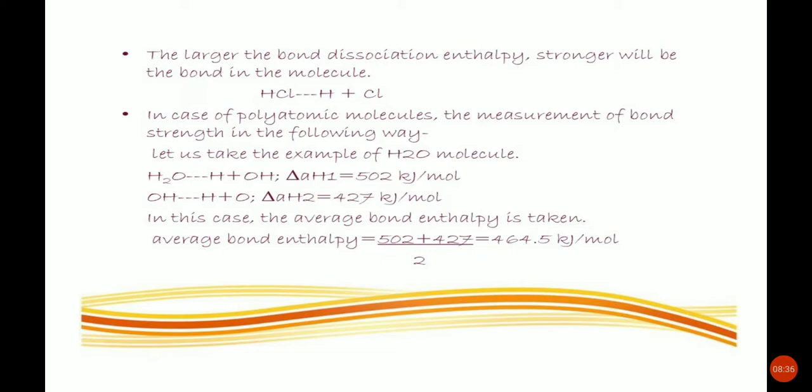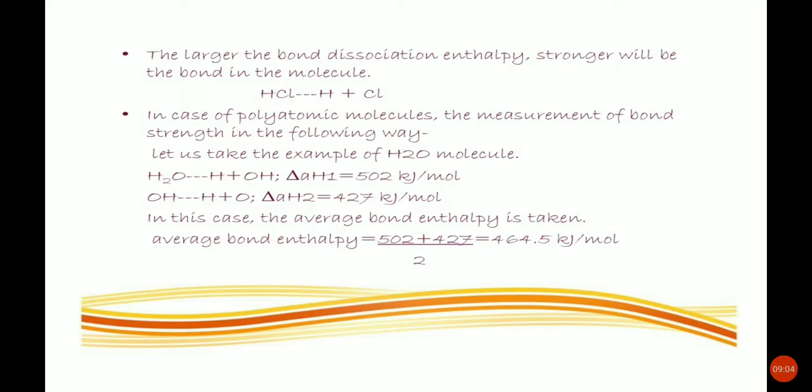Average bond enthalpy is equal to 502 plus 427 divided by 2, that is equal to 464.5 kilojoule per mole. So in case of polyatomic molecules, we take average bond enthalpy as we discussed for the water molecule. In the first step, it is broken into hydrogen and OH. Then OH breaks into hydrogen and oxygen.